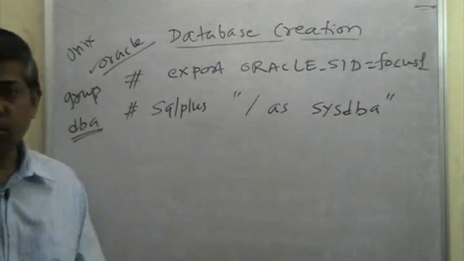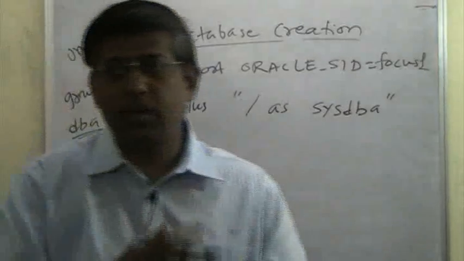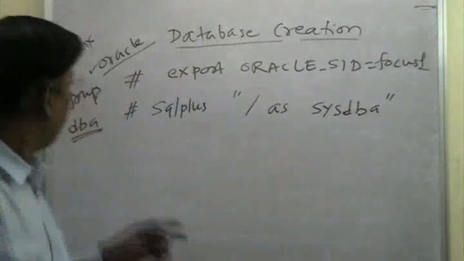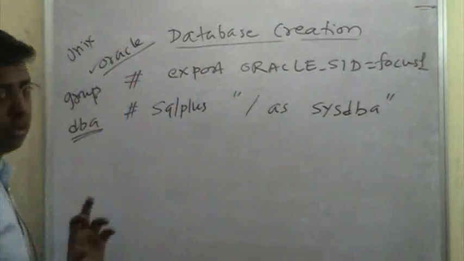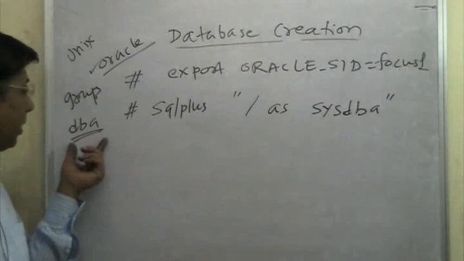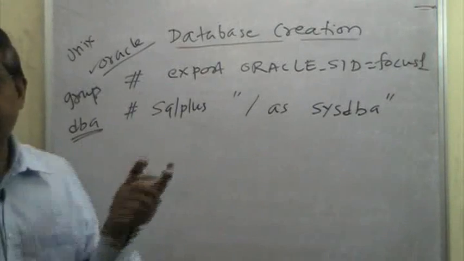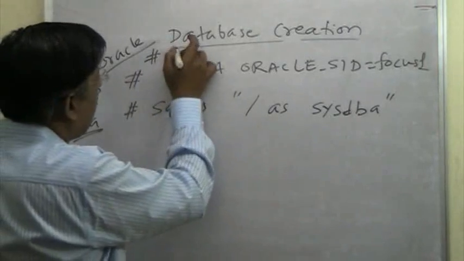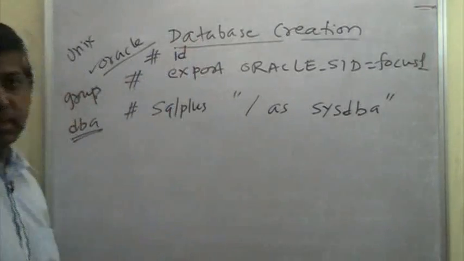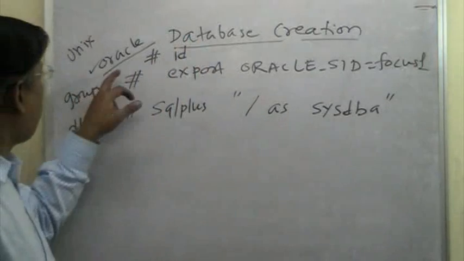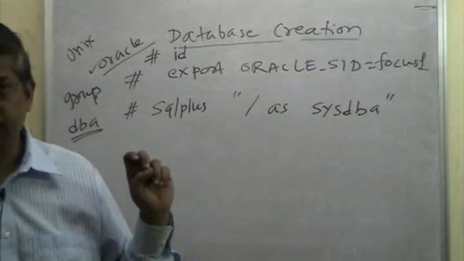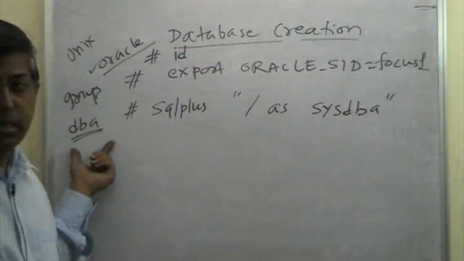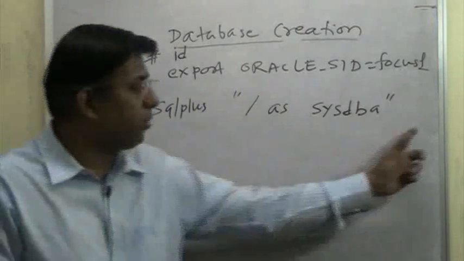Just like in Oracle we have roles which are granted to certain users, in Unix we have a group that is granted to a user. So this DBA group is a very important group, and you can fire a Unix command called id. id is a Unix command which will tell you what groups you belong to, and you must see a DBA there. If you don't see a DBA there, then this command will fail.